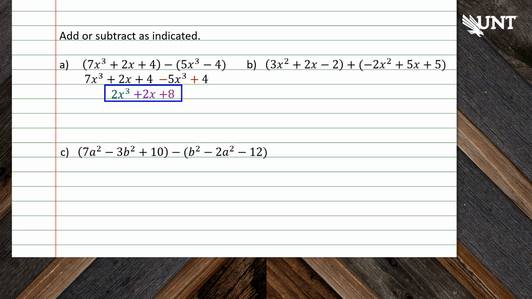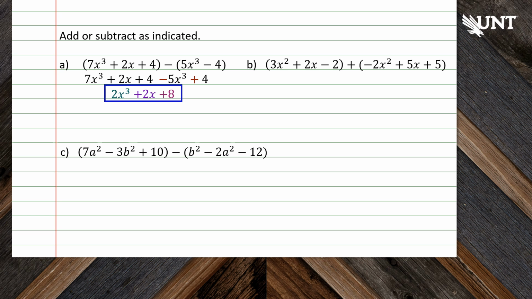All right, let's approach this using GEMS. First, we look within the grouping to see if we can simplify. And in this case, we cannot. So we move on to E, exponents. Nope, no exponents we can do. So we move to the next level, which is multiplication or division.